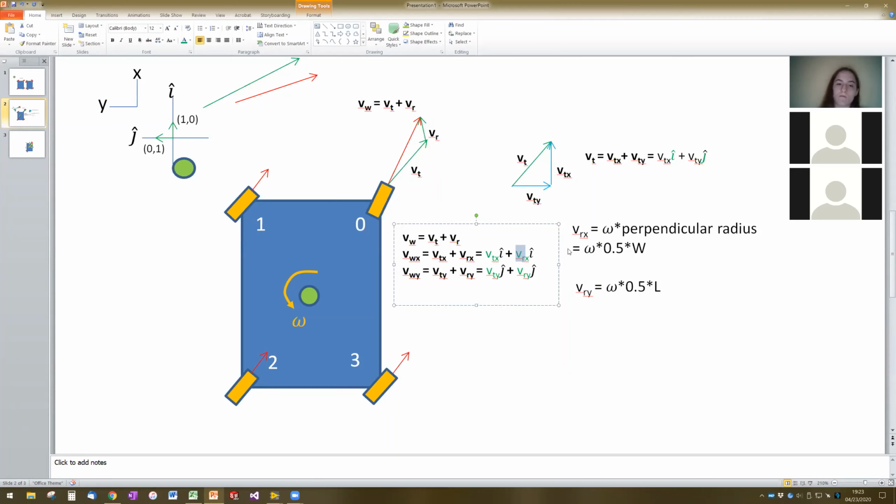But before we go too far, we should talk about how we get VTX and VTY and omega from our joysticks, because that's where our information is actually coming from. So let me switch my notes here to a different set of notes.